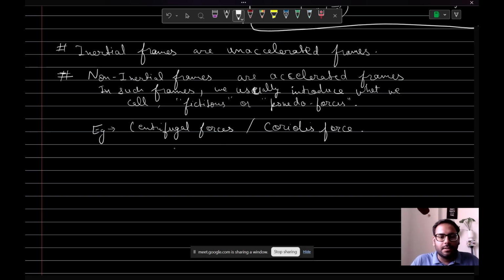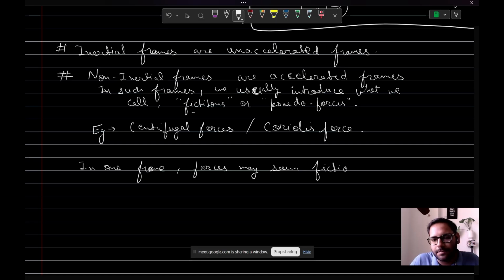Now, there is nothing fictitious about these forces. In one frame, forces may seem fictitious. That is how this force arises in a particular frame.